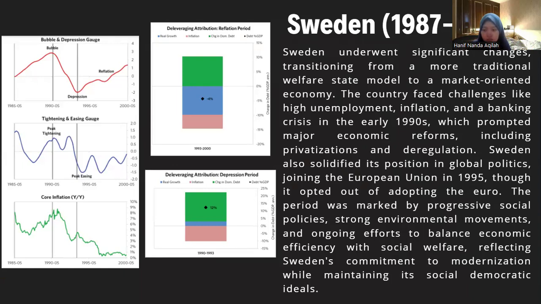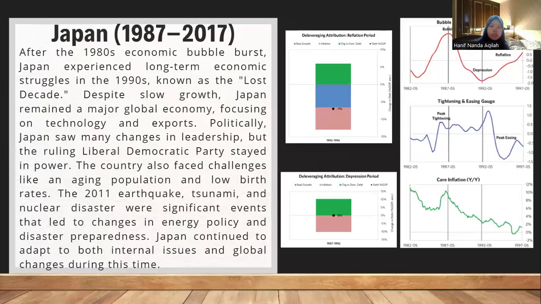The period was marked by progressive social policies, strong environmental movements, and ongoing efforts to balance economic efficiency with social welfare, and Sweden's commitment to modernization while maintaining its social democratic ideals.